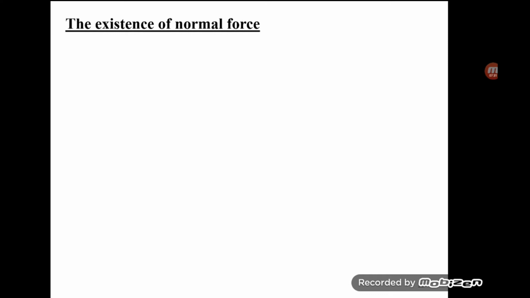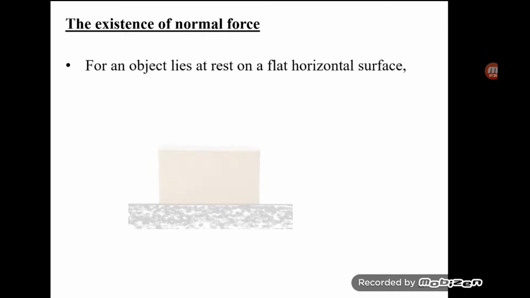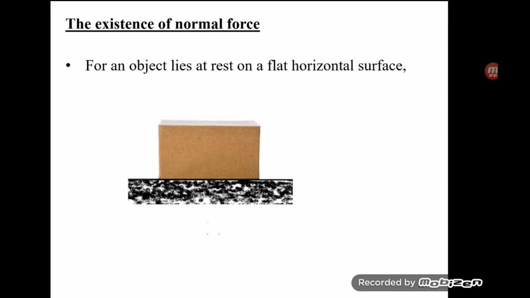Consider the existence of normal force for an object on a horizontal surface. First, it has weight because the object has mass, and the object is in contact with the surface, so it has normal force.